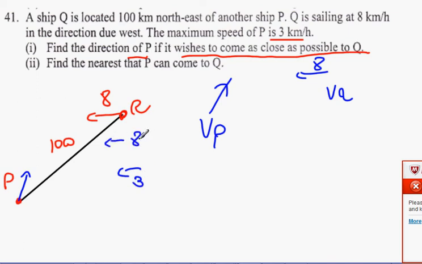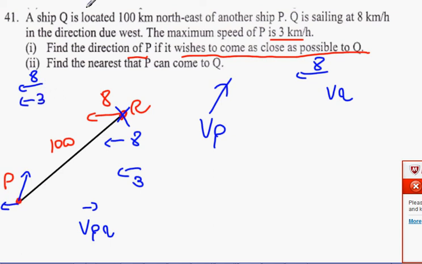Do you understand? So if we do phi PQ, the velocity of P relative to Q, we're going to keep Q stationary. What can we say is guaranteed to happen every time? Q is going to be pulling further and further left in comparison to P. Because Q can go 8 across, and if P was to put all his effort into going across, it could go only 3.